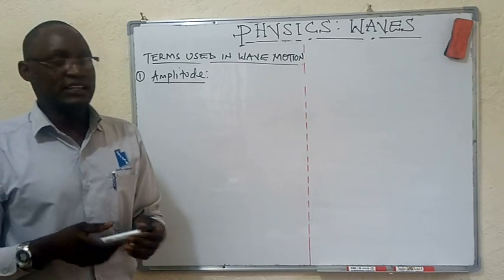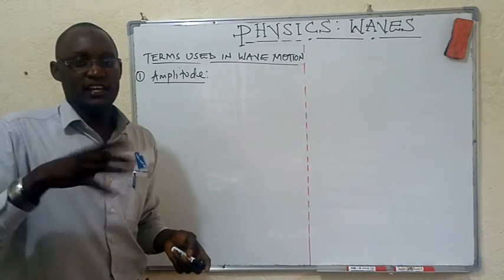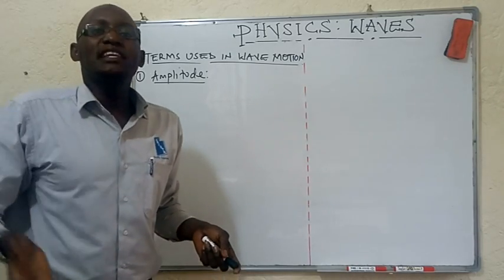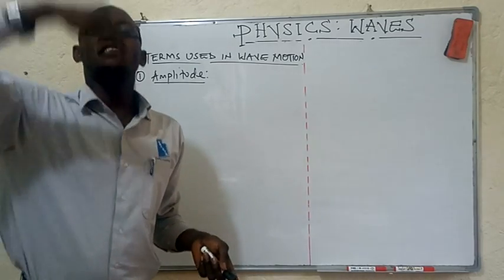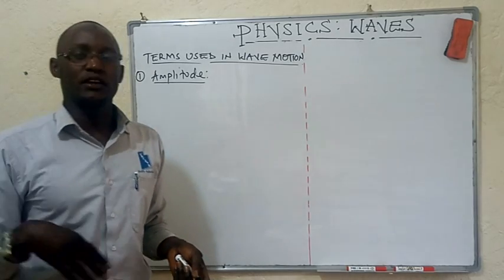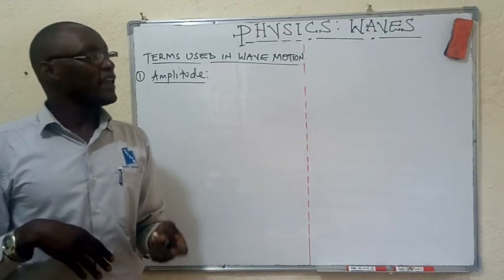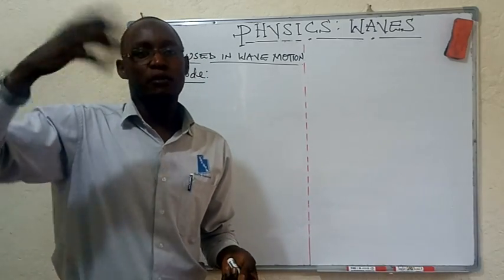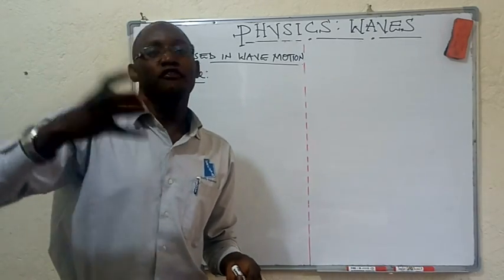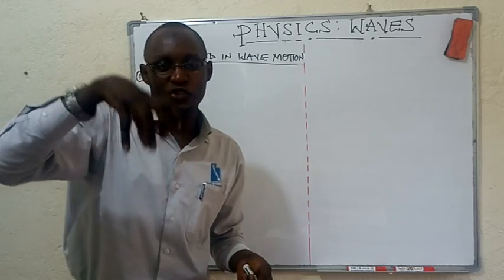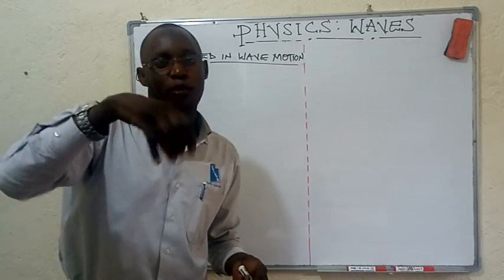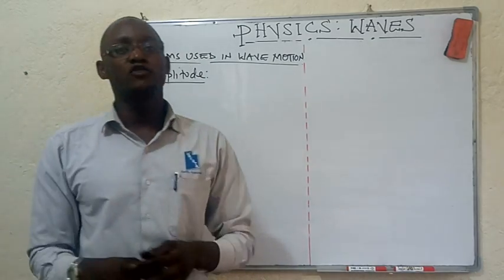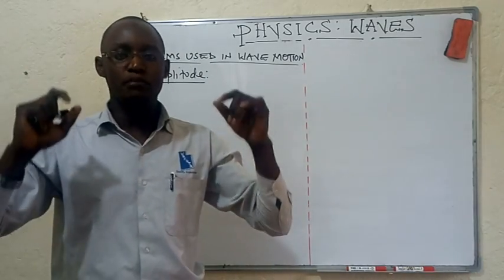Oh, we are going to see that if there is a disturbance in a medium, a particular particle in a wave can be displaced to its maximum position. So the maximum displacement of a particle in a wave from its rest position, from its equilibrium position, from its fixed position where it was fixed before the disturbance, is what we are talking about as amplitude.